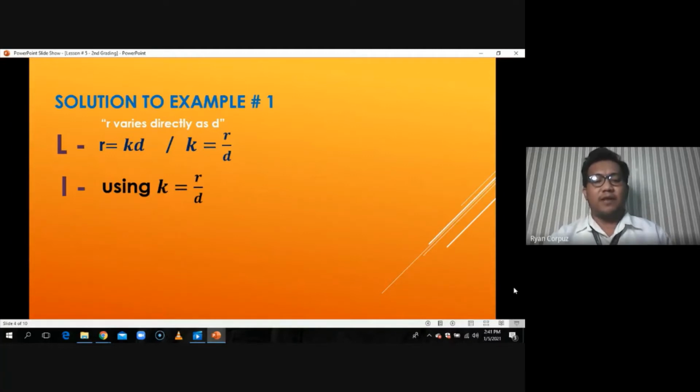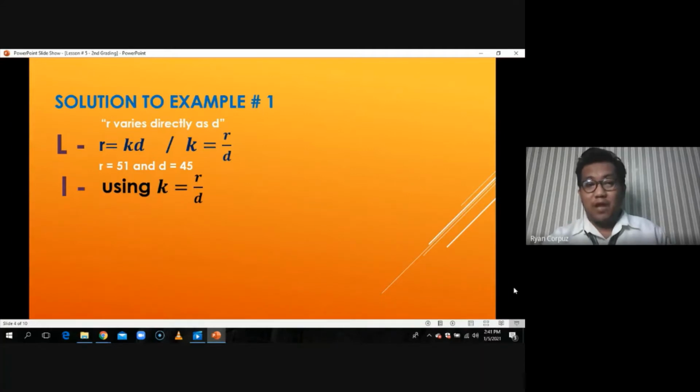let us find out now the value of K. We said earlier that the first complete value we see in the problem is what we use to find K. So R, represented by the number of kilograms of rice, is 51, and D stands for the number of days.